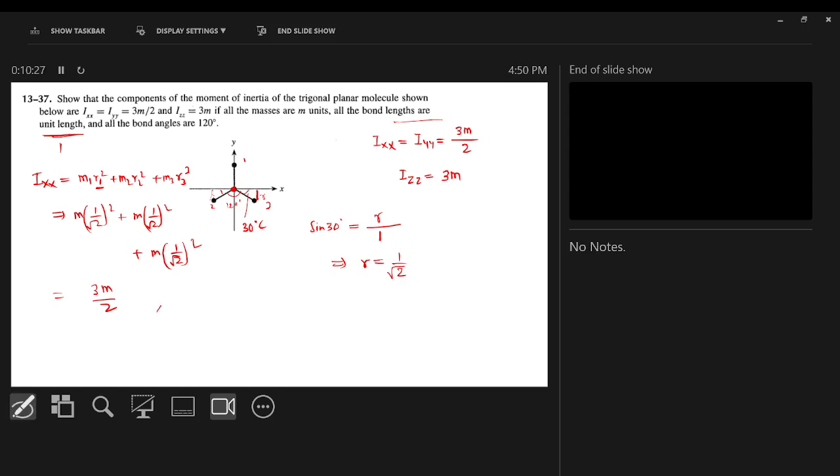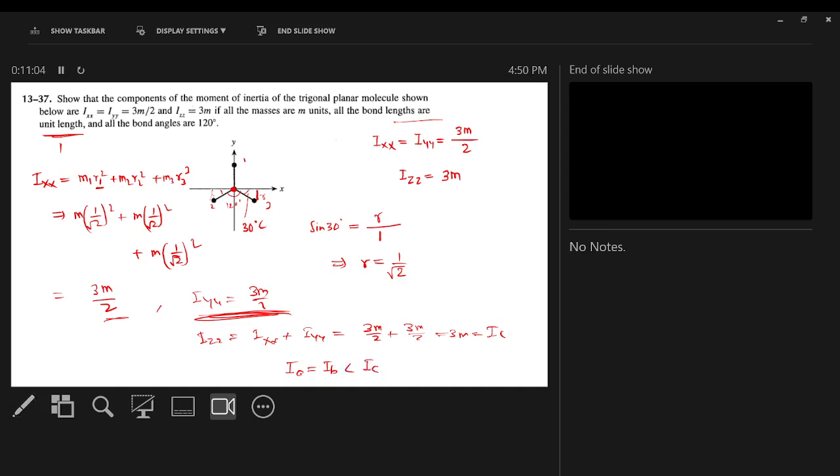Similarly, we can calculate Iyy also. It will come to 3m by 2. And Izz is nothing but the summation of Ixx plus Iyy, so 3m by 2 plus 3m by 2 equals 3m. So what we got here is IC, and this you can call IB or IA, it doesn't matter. So IA equal to IB, which is less than IC.